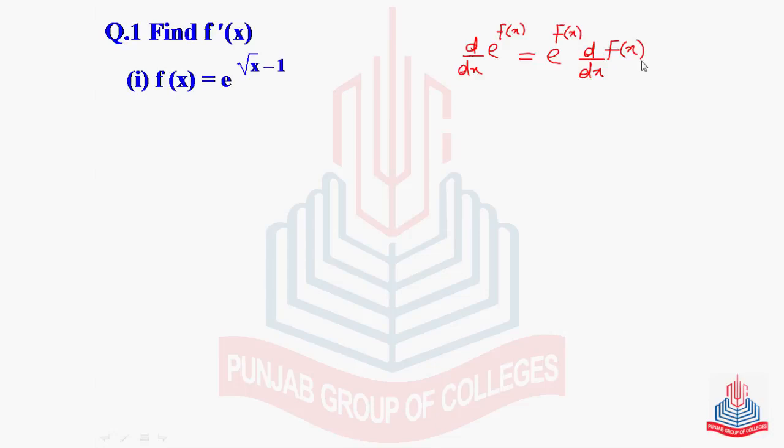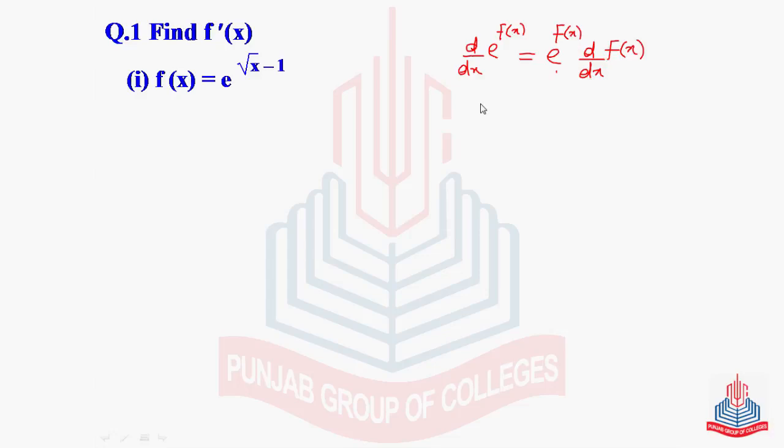So this is actually a formula to differentiate an exponential function such that e raised to the power f of x; its derivative will be e raised to the power f of x, and then the derivative will apply on this function, which is in the power actually.